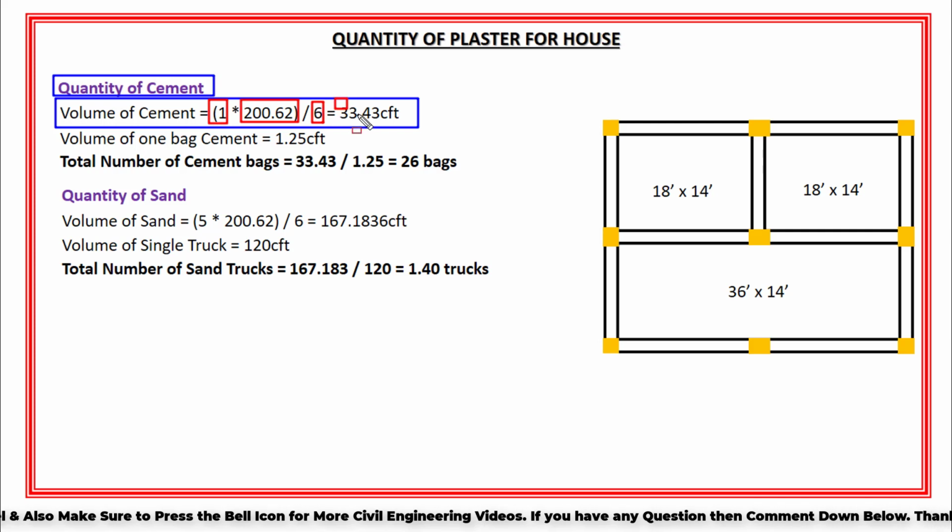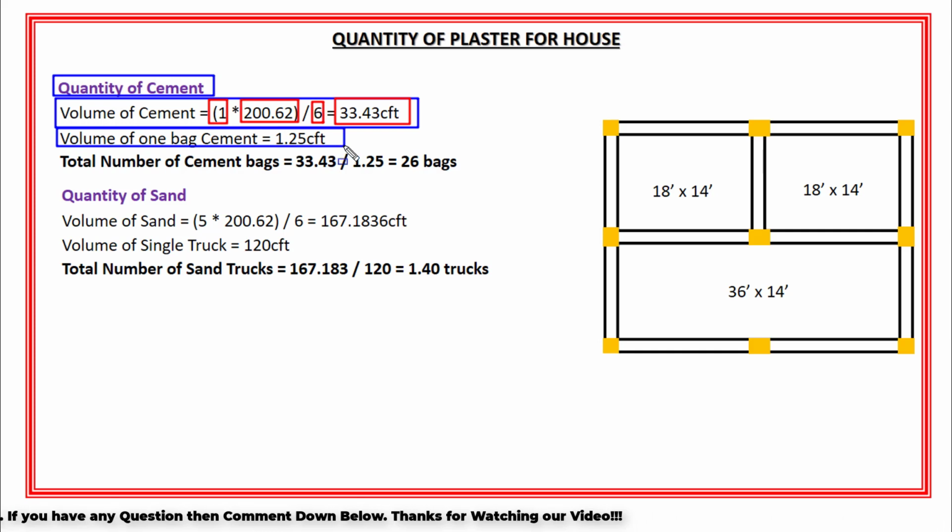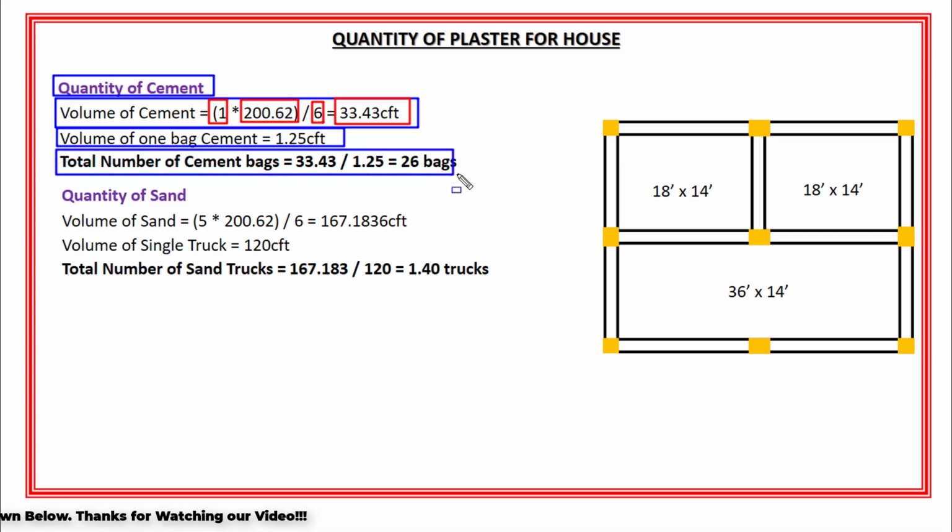And the volume of cement is equal to 33.43 cubic feet. Now we know that the volume of a single cement bag is equal to 1.25 cubic feet. So the total number of cement bags is equal to 33.43 divided by 1.25, and the total number of cement bags will become 26 bags.